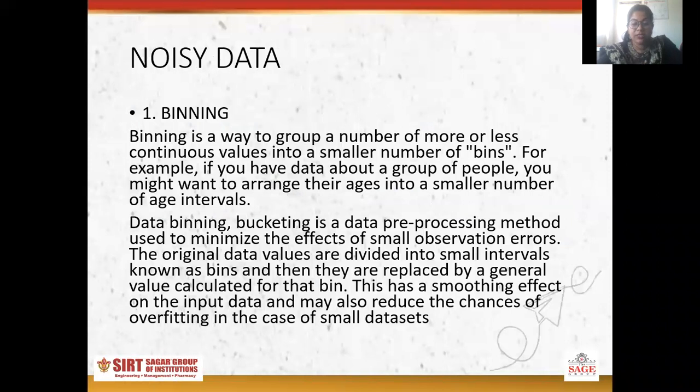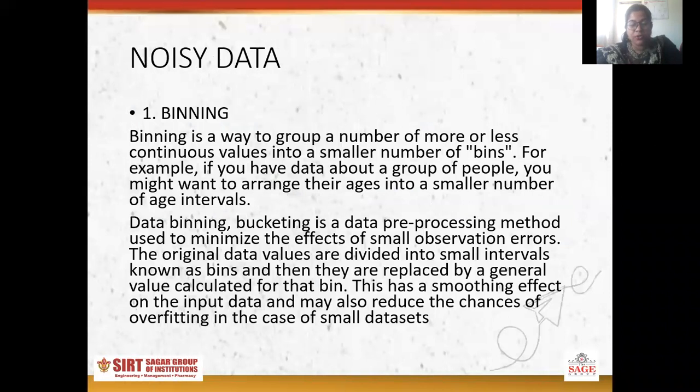In that case, data binning, or bucketing, is a data pre-processing method which is used to minimize the effect of small observation errors.